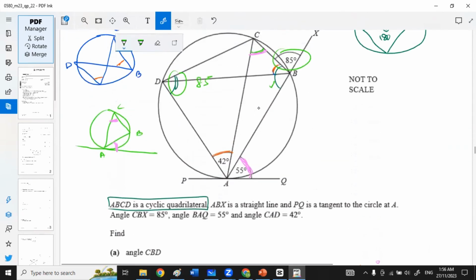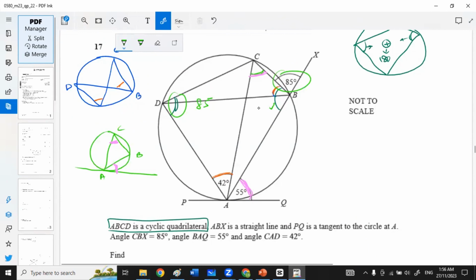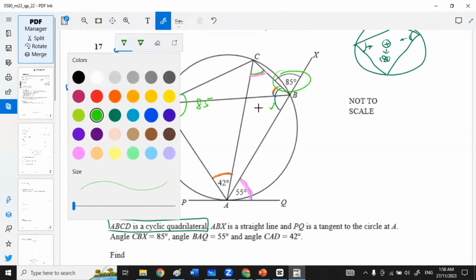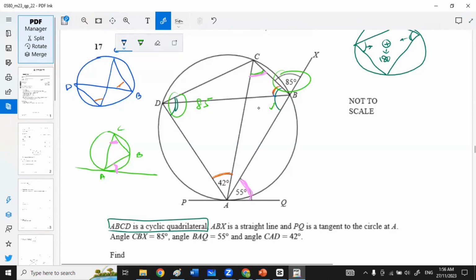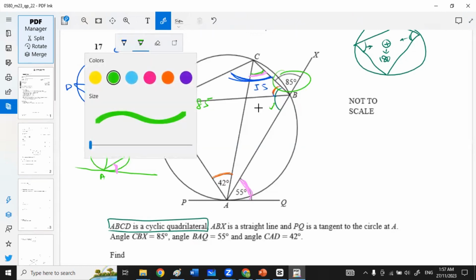Okay, angle BCD. We are dealing with no color. This angle BCD, this is 55 here, so we need to find the other side. If you look closely, we have a triangle here.